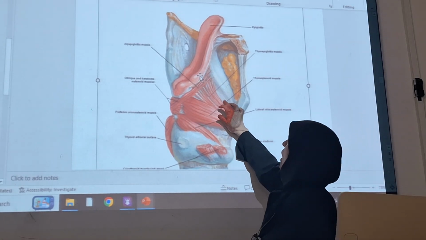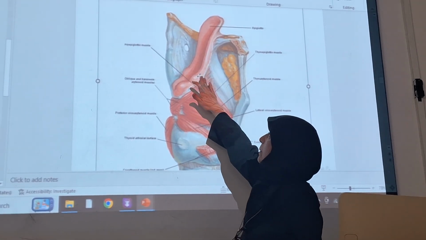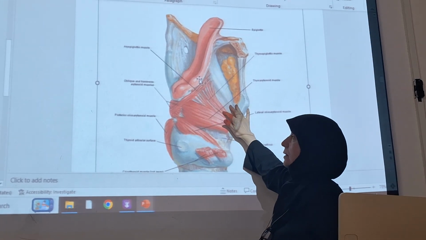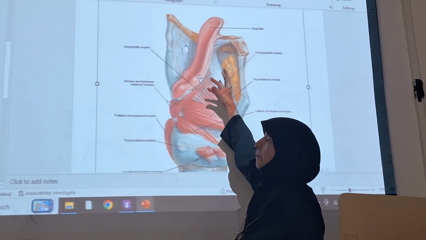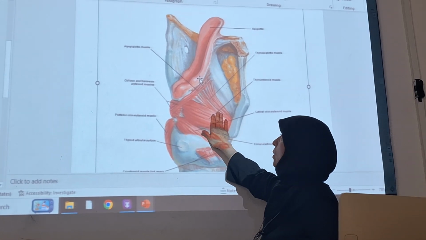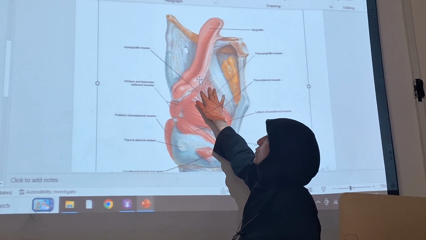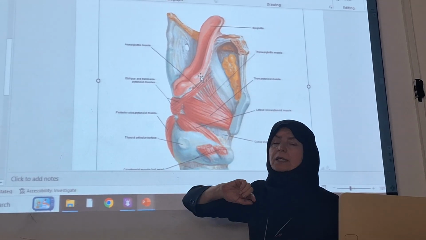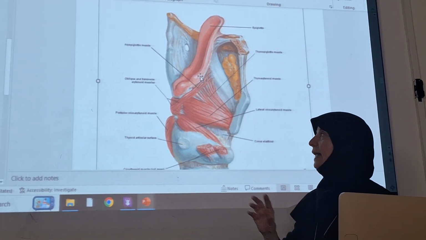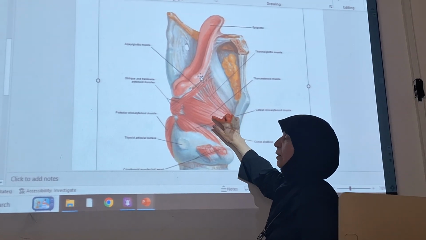This part going into the aryepiglottic fold you can call the thyroepiglottic muscle. The thyroepiglottic muscle belongs to the thyroarytenoid muscle. Only this part goes up toward the aryepiglottic fold. Deep to this muscle fiber, what's the name of this muscle?